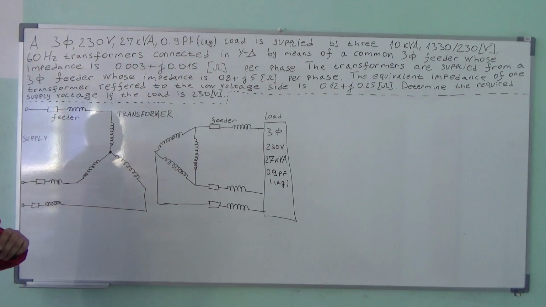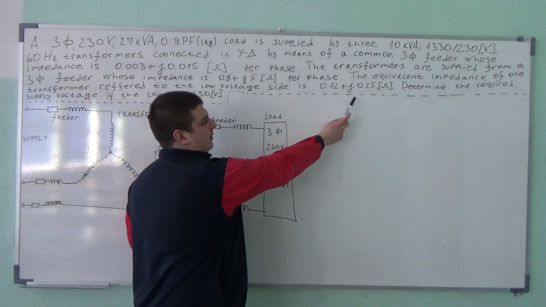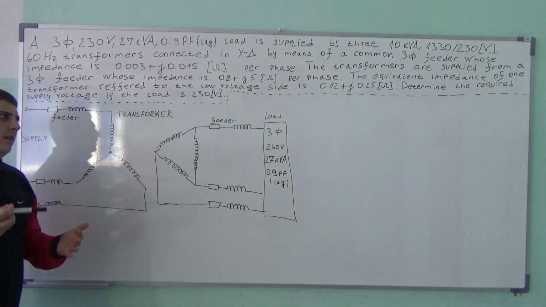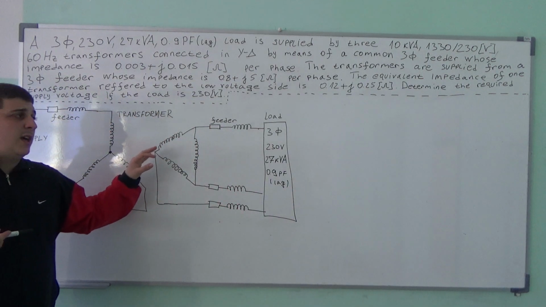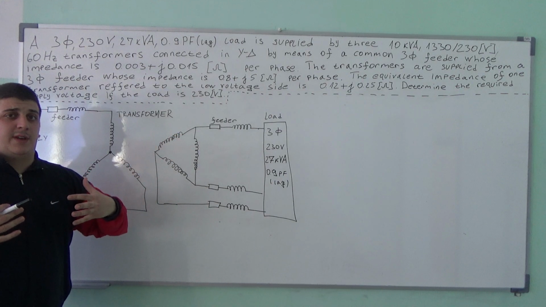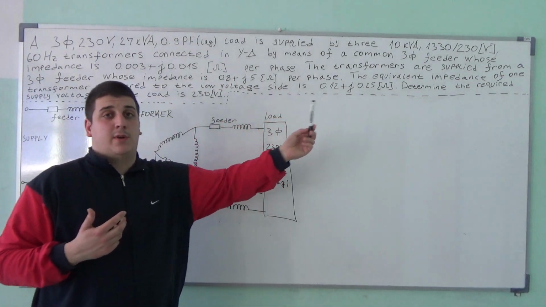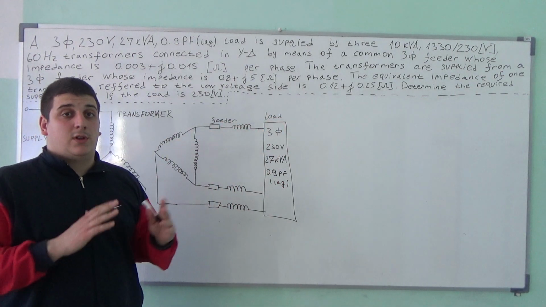But first, here is a little problem, because when you transform a delta to a Y, its impedance also changes. So this is the impedance of the transformer per phase referred to the low voltage side.